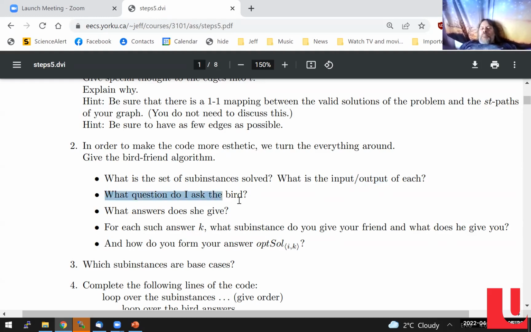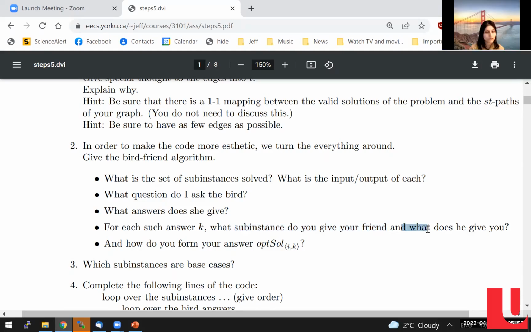What do I ask the bird? Do I put the last object in or not? The answer she gives me is yes or no. If she says no, then what subinstance do I give my friend? I give him the exact same volume, but one less: I minus 1 objects.